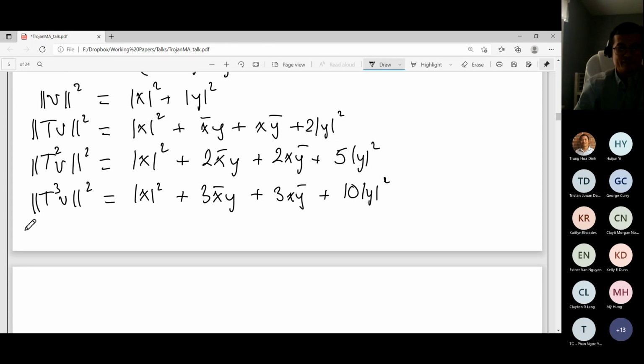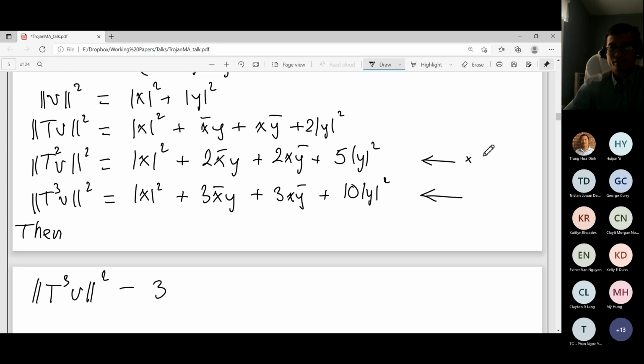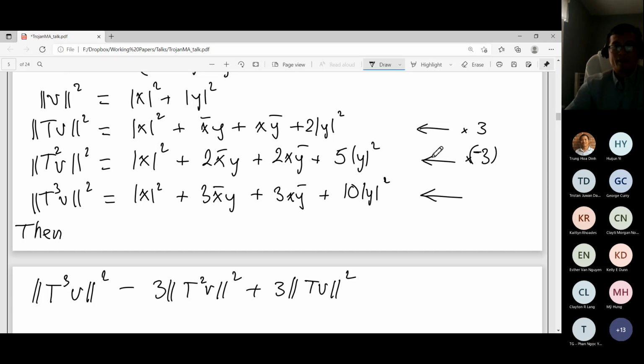By looking at this, it turns out that the following is true. If you take T cubed V squared, you subtract 3 times this row, and then you add 3 times TV, and you minus this, then it turns out you get 0.